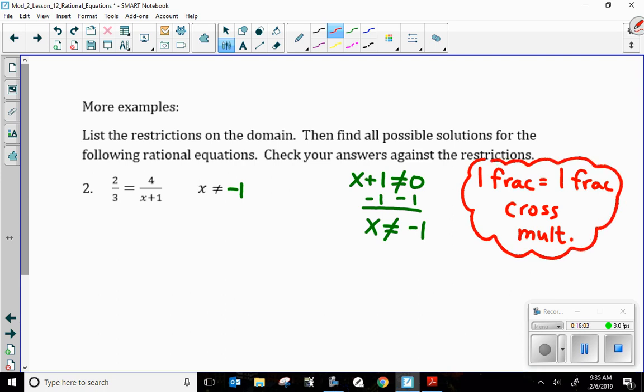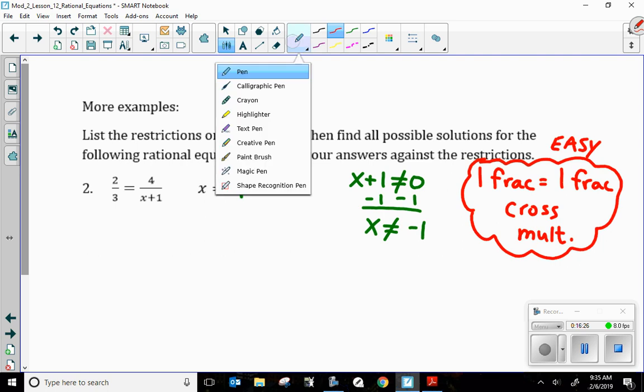You could do it the other way, and you would get the same answer. Okay? But the way I like to do it is cross multiply. Now, this is simple. We have another problem coming up that's one fraction equal to one fraction. And if you cross multiply, it turns into a monster. Okay? So I'm going to say if you have one easy fraction and one easy fraction, if your multiplication is going to be easy, I would definitely cross multiply.